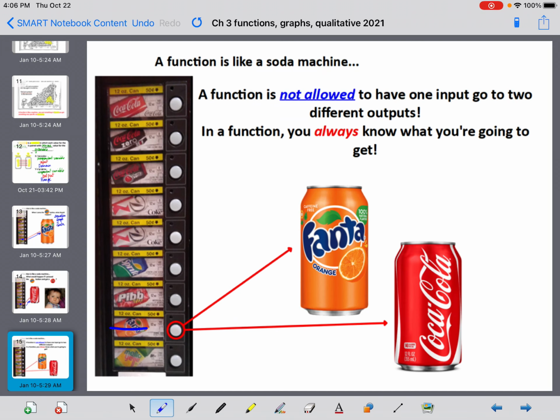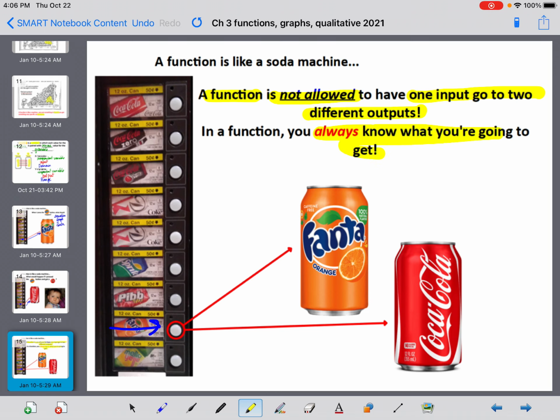So if I have an input, it is not allowed to give me two different outputs. I don't want to push the Fanta button and sometimes get Fanta and sometimes get regular Coke, because regular Coke is disgusting and no one should drink it.